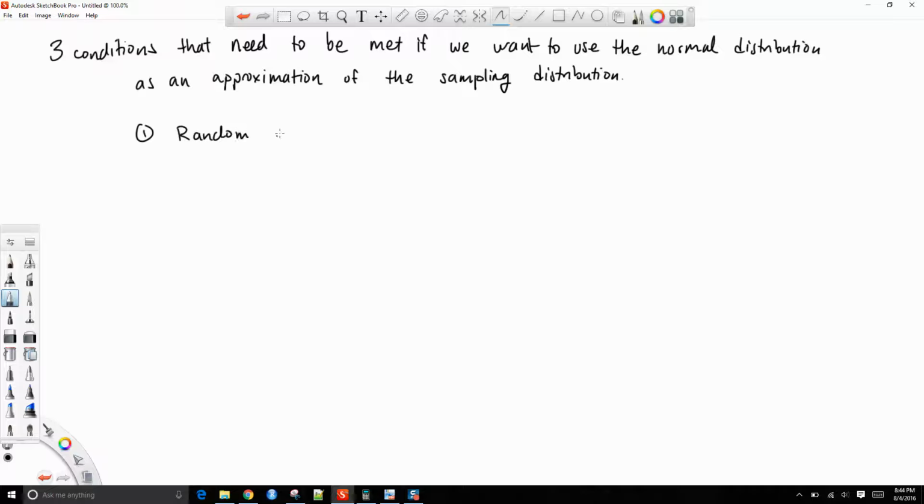the random and independent condition, meaning that the sample must be selected randomly from the population.